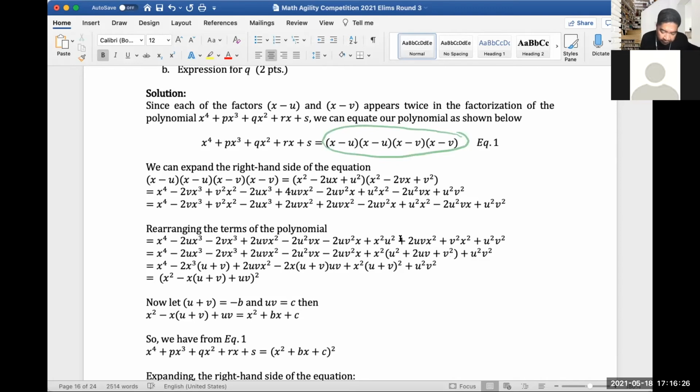So x to the fourth minus 2vx cubed plus v squared x squared minus 2ux cubed plus 2uvx squared plus 2uvx squared minus 2uv squared x plus u squared x squared minus 2u squared vx plus u squared v squared. Okay. And then if we arrange the terms of the polynomial, so what did I do here?